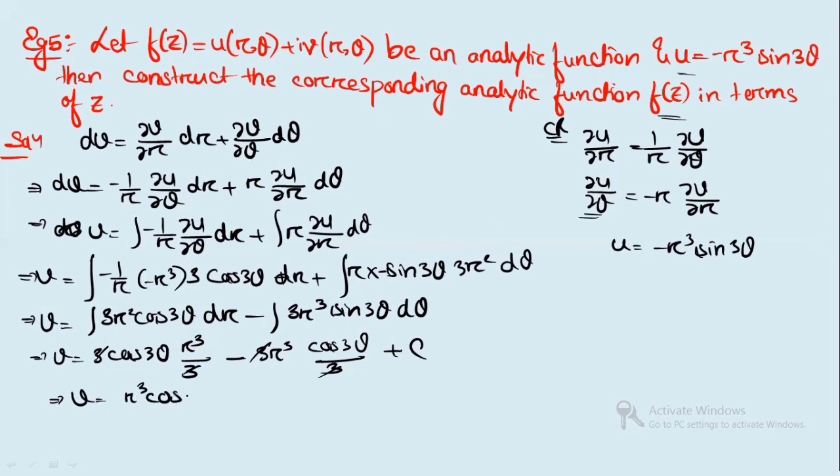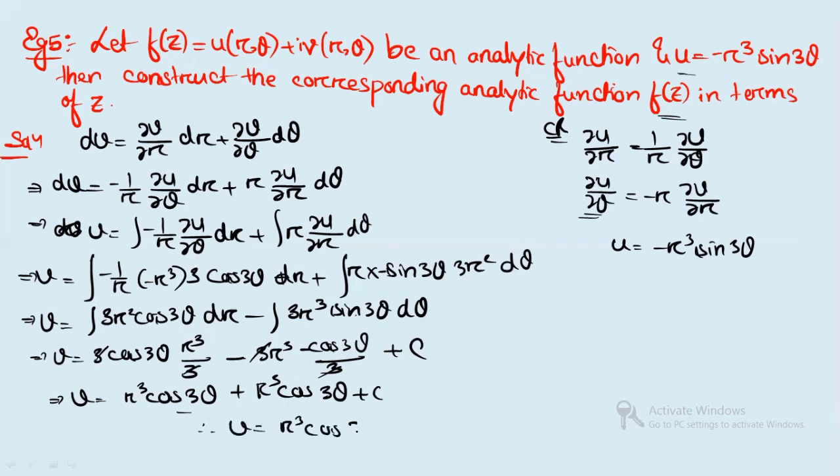So here you see in the second term, when we integrate, sin is minus cos theta, so there will be a negative sign, okay? So this will give you minus a plus, you will get here also plus r cube cos 3 theta. Clear? So we will write here r cube cos 3 theta, and the constant will be as it is. So now you see 2 times we are having this, so we will write only once, and we will write v equals to r cube cos 3 theta plus c.